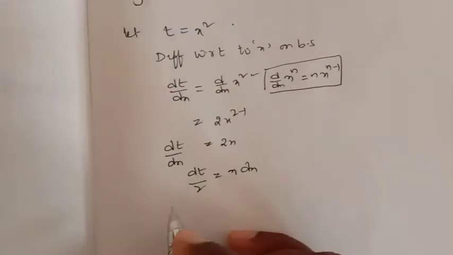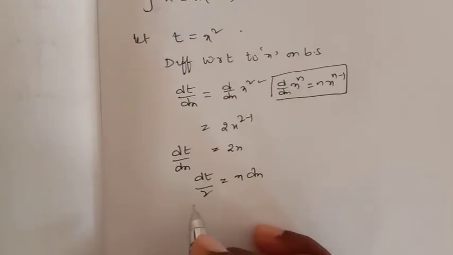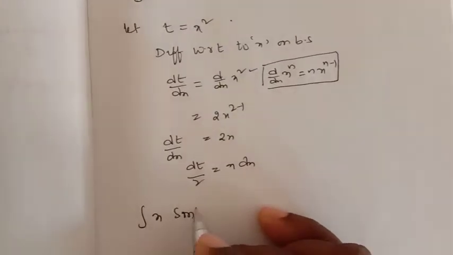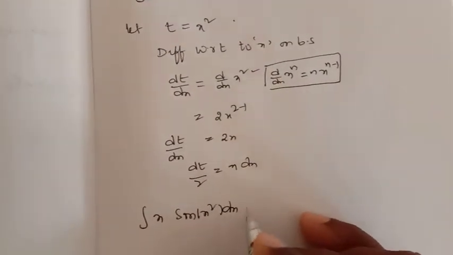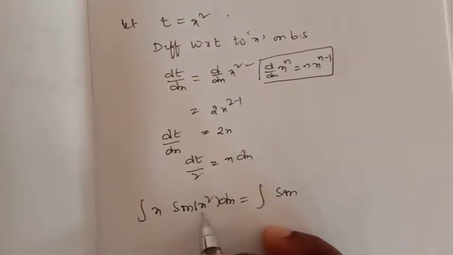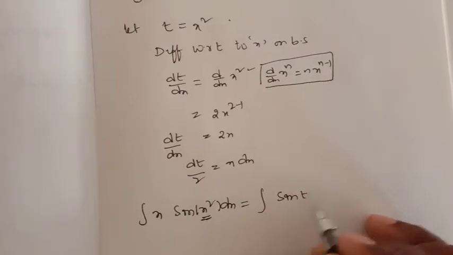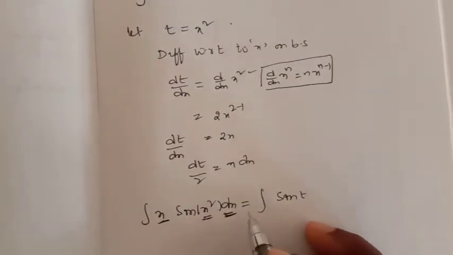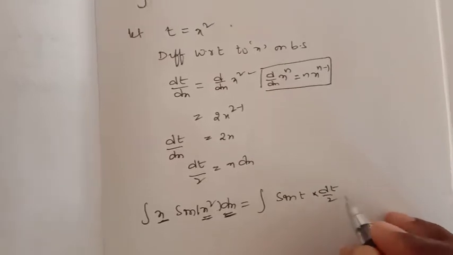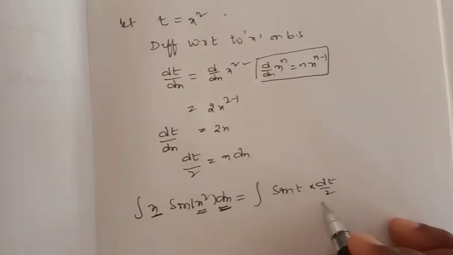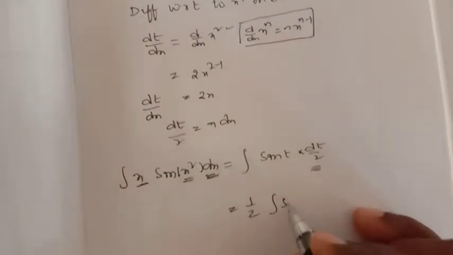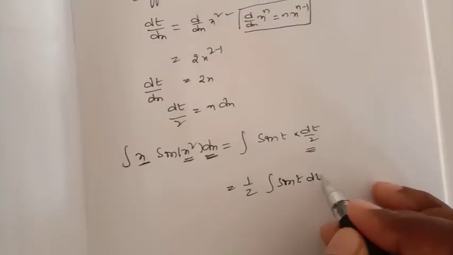Here substitute these values in given problem, that equal to x into sine of x square into dx, that equal to sine of, here x square equal to t and x dx equal to dt by 2. Here 1 by 2 is the constant term, take in front of the integral, that equal to 1 by 2 into sine of t into dt.